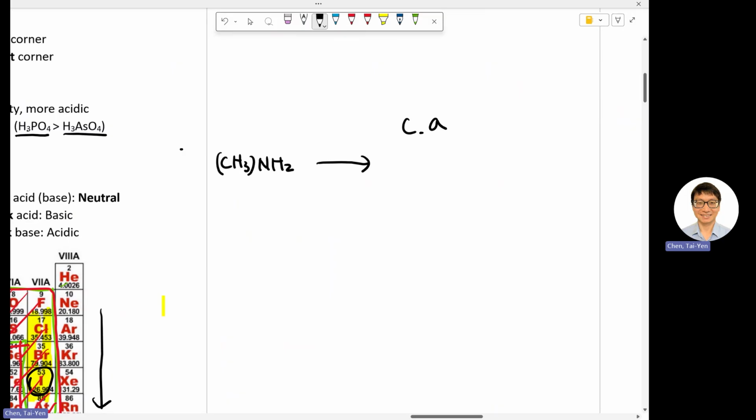What's the conjugate acid of CH3NH2? CH3 NH3 plus. Okay. How about this?